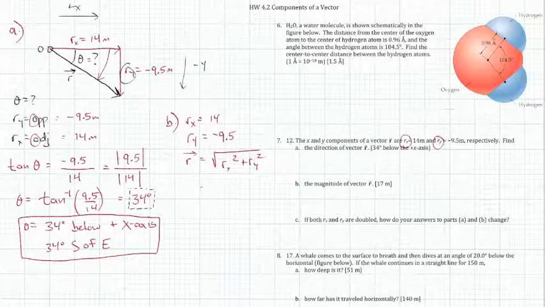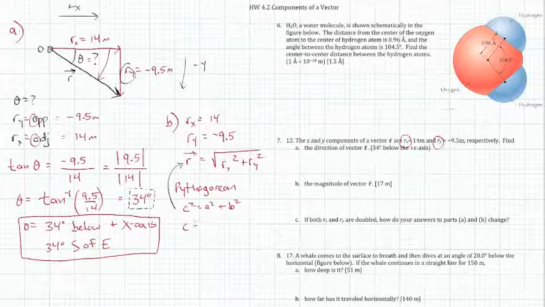Well, if you recall, the Pythagorean Theorem is c squared equals a squared plus b squared. That means the hypotenuse is the square of the two sides squared and then added together. Well, if we want to solve just for the hypotenuse, or in this case, just for the vector r, we take the square root of both sides. So this simply becomes c equals the square root of a squared plus b squared. And that's essentially what we just wrote right up here, but we wrote it with respect to r.